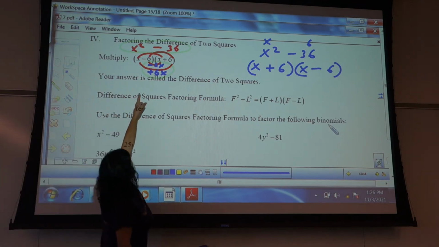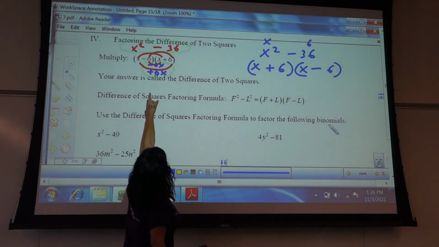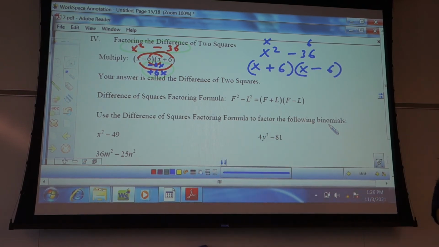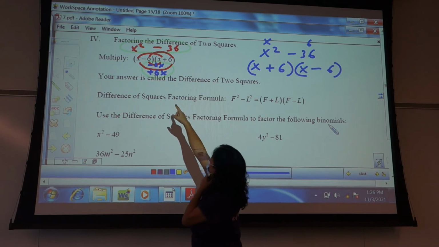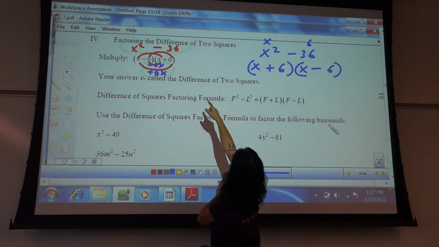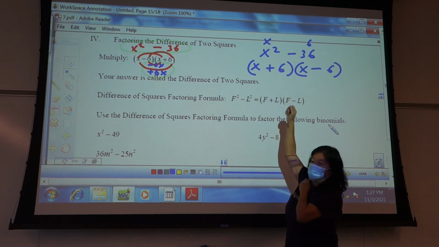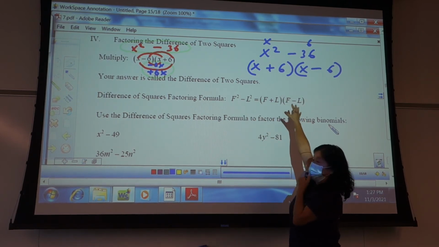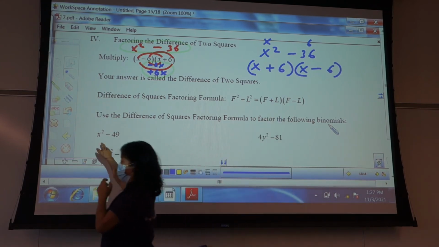And you'll see that's exactly what we started with, x minus 6 times x plus 6. Does everyone understand how I got from x minus 6 times x plus 6 to x squared minus 36? So now I can just factor it out. I know it factors out to this.